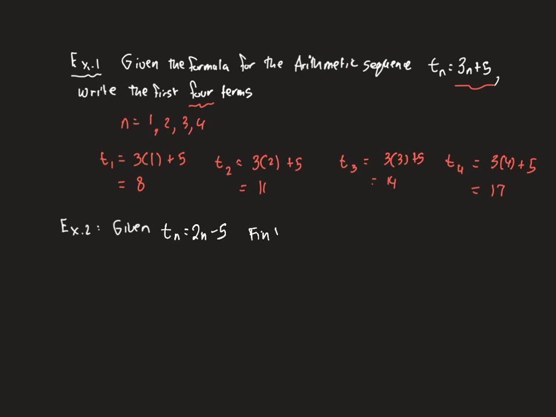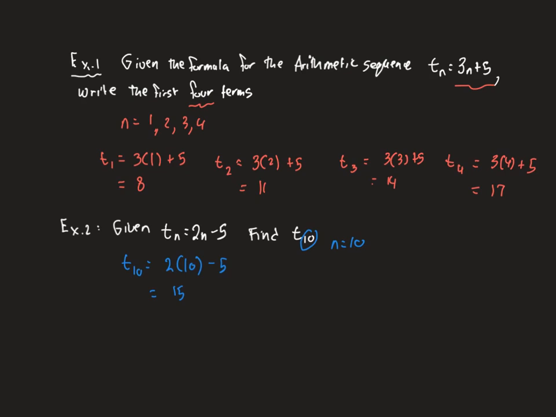Find t of 10. So I've now given you that your n is 10. I want t of 10, which means 2 times 10 minus 5. 2 times 10 is 20, minus 5 is 15. So all pretty straightforward so far.